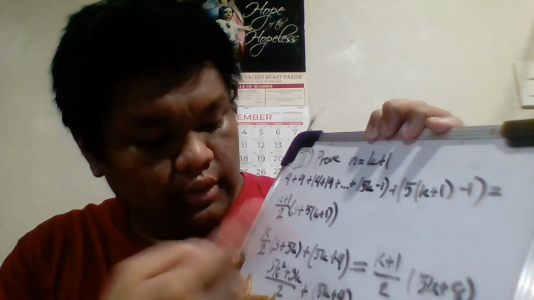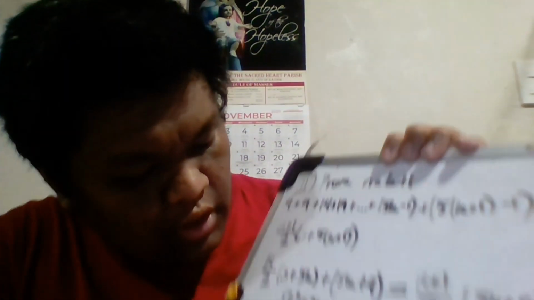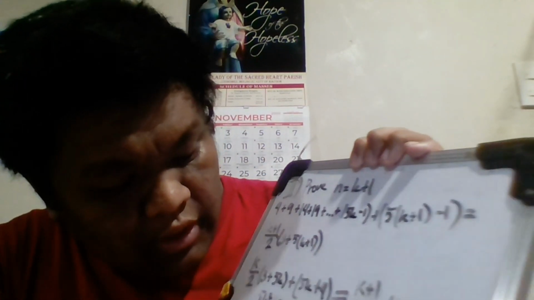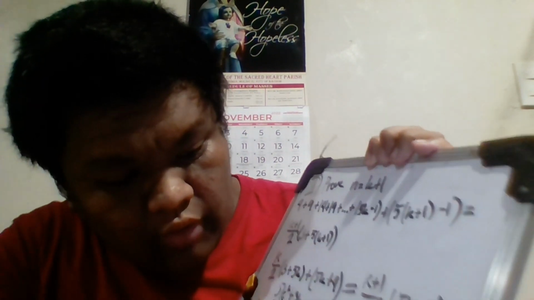Therefore we just multiply everything, so we will get 5k squared plus 3k over 2 plus 5k plus 4 is equal to 5k squared plus 13k plus 8 over 2.